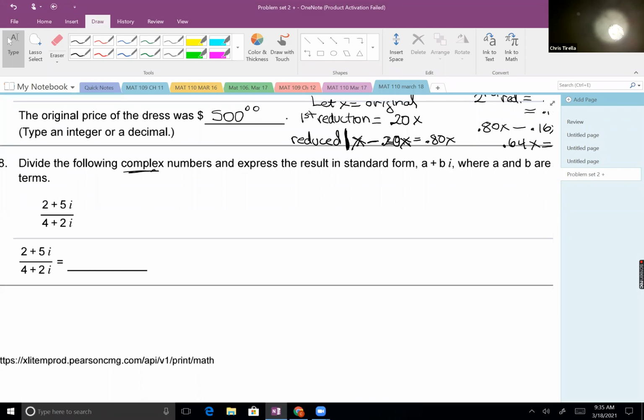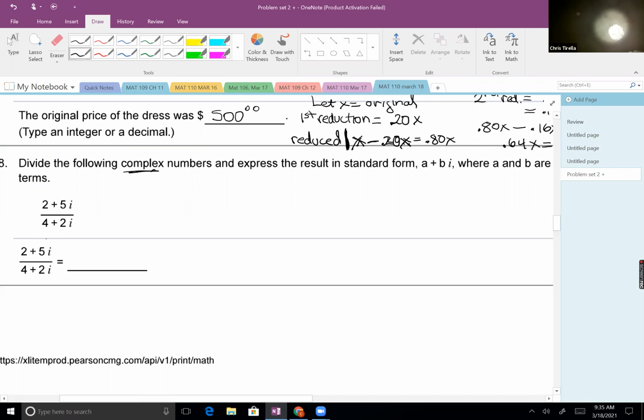This is one of those problems where I really want to see the work, because if you paid enough for your calculator, it can do computation with complex numbers. So you could probably just type it into that calculator and get the answer. But that won't help you big picture if you're taking this course as a prerequisite to further math courses.